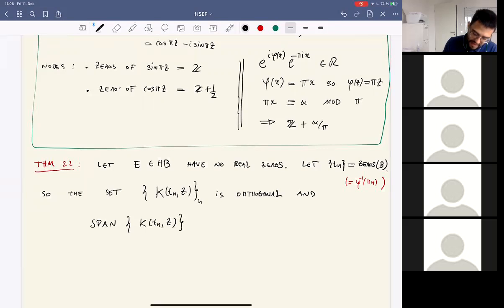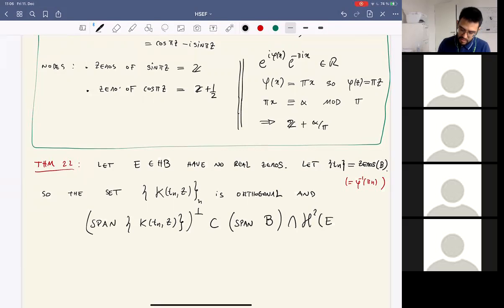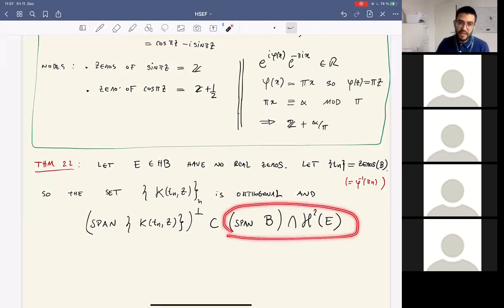So if you take its span and compute its complement, that would be contained in the span of the function B itself. Which is a weird statement because the complement should be in the space H(E). So it should maybe intersect this. What I'm saying here is that it's implicit in this statement.